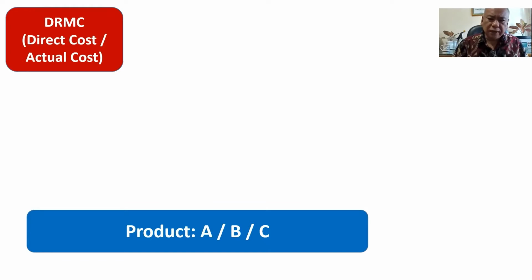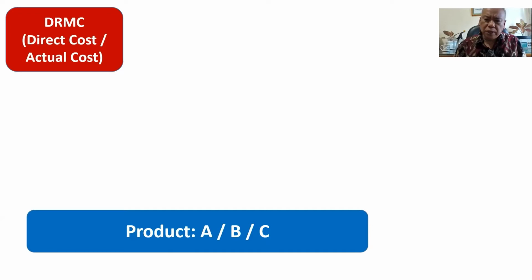Costs are classified by traceability, so we have direct costs and indirect costs. Costs that can be easily and accurately traced to the cost object we call direct costs. In this case, the cost object is the product.